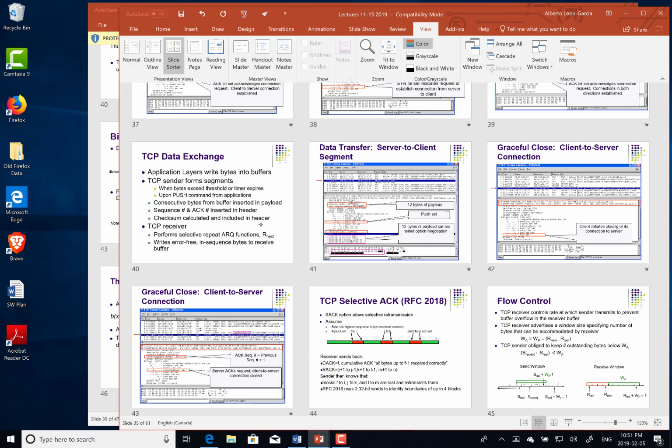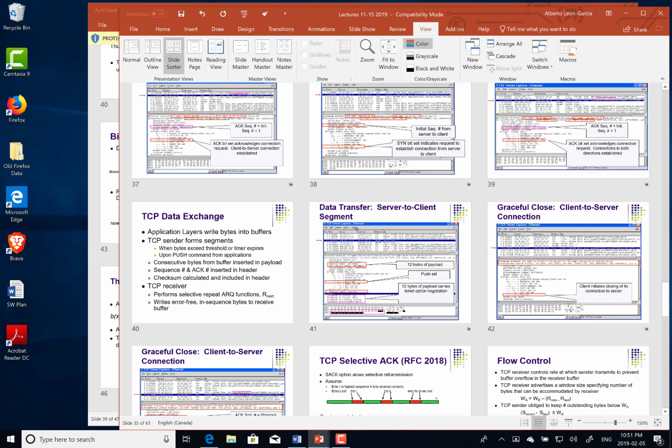Here's a segment. It starts with this sequence number, and it goes up to this sequence number. And then the acknowledgement has to come back in the reverse direction and say, I've got all of your bytes up to this point. You should be able to look into a Wireshark frame and say, here are the sequence numbers.